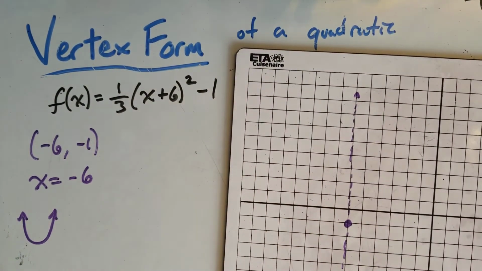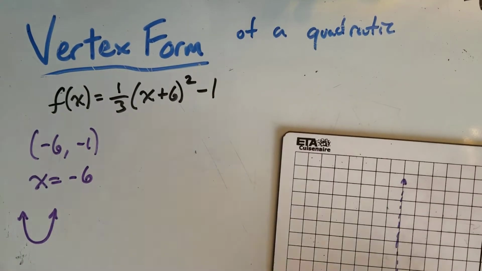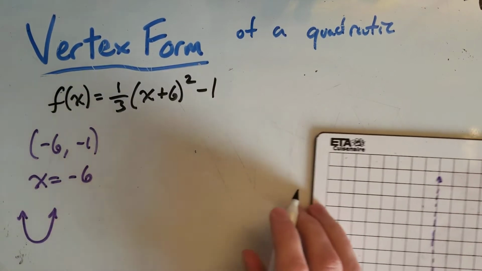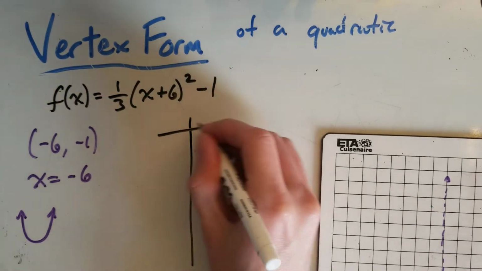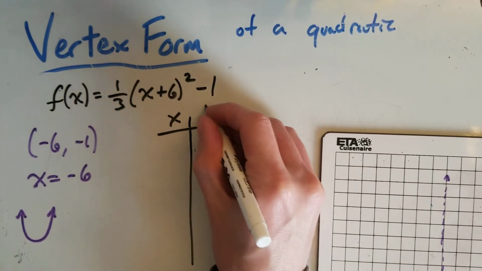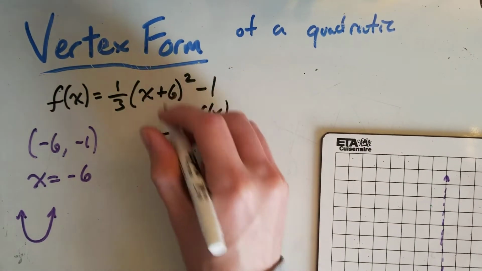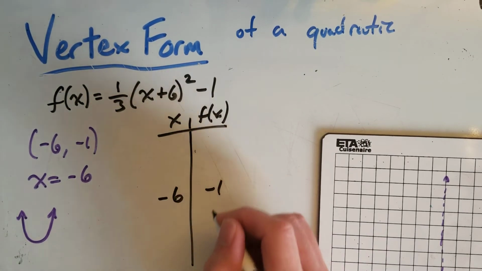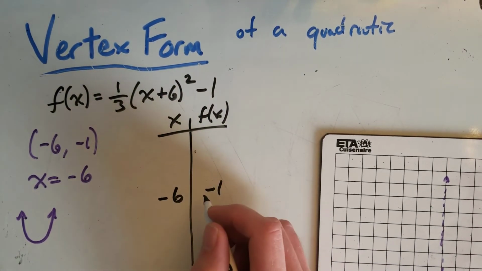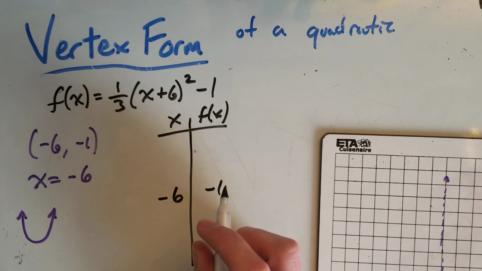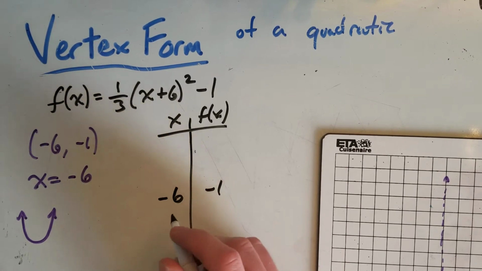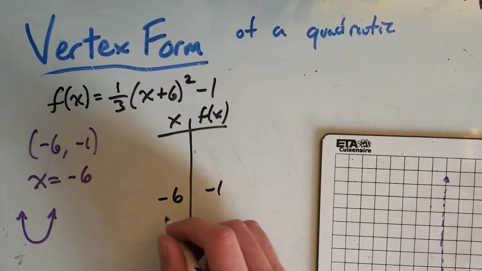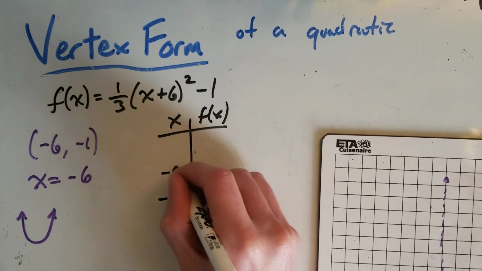So let's find some other points here. I'll make a little table. We have x and f of x. We know that at negative 6, we have negative 1. So we can put in some other values here. Let's say we tried negative 7, then we would have negative 1 inside.